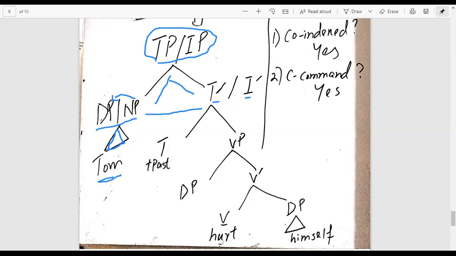From T-bar or I-bar we have T and we have VP, that is verb phrase. What is T? T is tense, so it can be present or past tense. It can be a modal auxiliary in the sentence. Whenever you draw a tree diagram for a sentence, you normally draw this line as well.